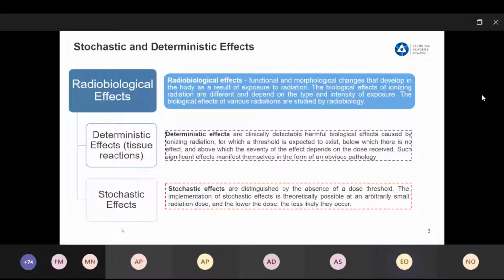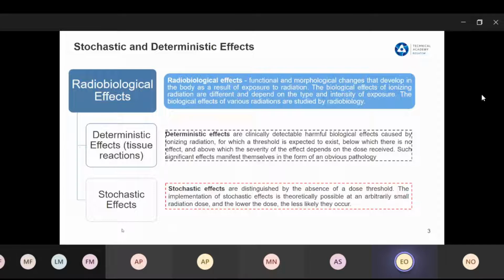Somatic effects, in turn, are divided into deterministic and probabilistic, stochastic effects.